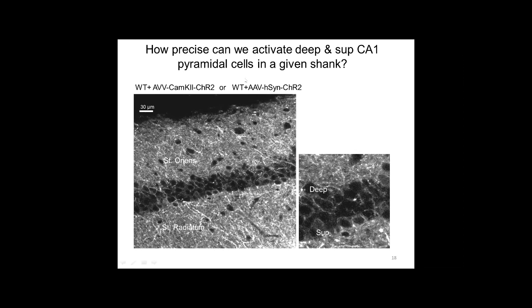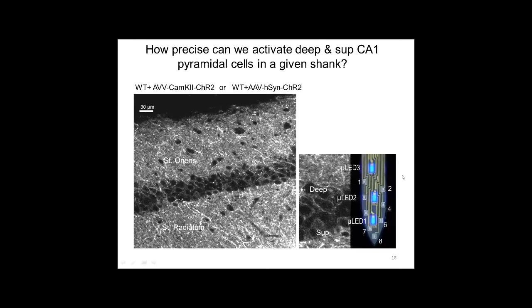Typically, for optogenetic stimulation, you use an adenovirus and express the opsin, for instance channelrhodopsin, under the control of a particular promoter, in this case CaMKII, which allows expression of channelrhodopsin specifically in pyramidal cells in a wild-type context. But as you can see, you then have full coverage of the opsin expression across the deep and the superficial layers.